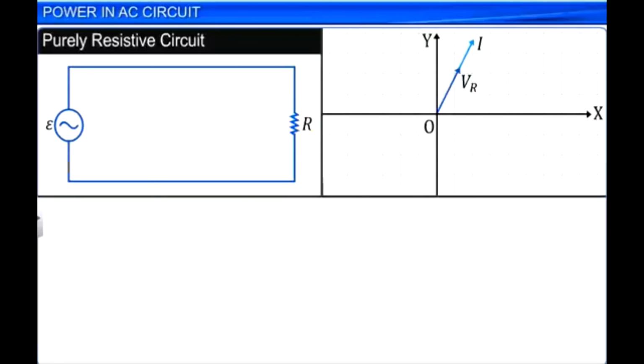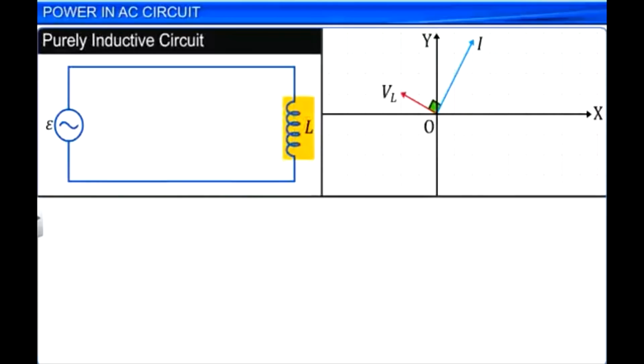In this case, the phase difference between the AC voltage across the resistor VR and the current I is 0, that is, the value of cos phi is 1. It implies that the power factor is maximum or unity. Hence, power dissipation is the highest in a purely resistive circuit.